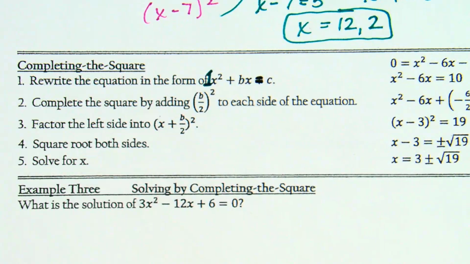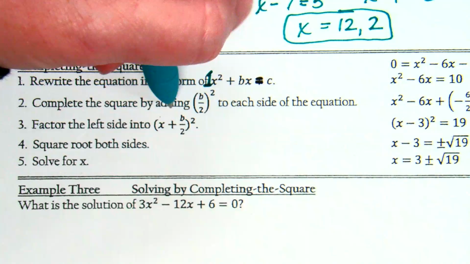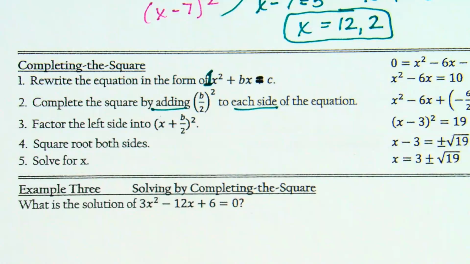Step 2, which is also a new step. You're going to complete the square by adding b over 2 squared to each side of the equation. I'll walk you through that step. We'll practice it. Notice what step 3 is. It's factor the left. Didn't we just do that up above?